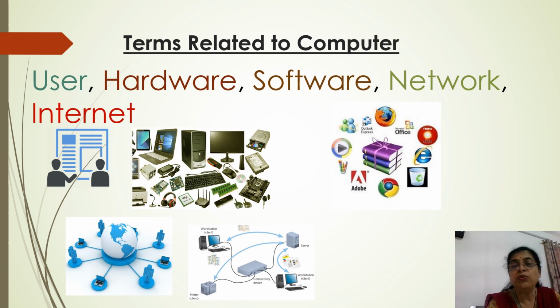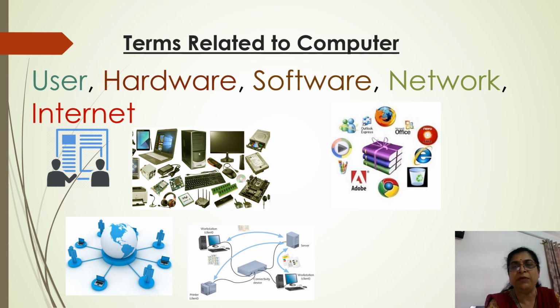So when you call it a computer system, it is a combination of hardware plus software. Only hardware will not work, only software will not work. If you have hardware and no software, the machine is of no use. If you have only software and no hardware devices, where will you run those programs, where will you apply those programs? Okay, so both hardware as well as software are required for a computer to run successfully.